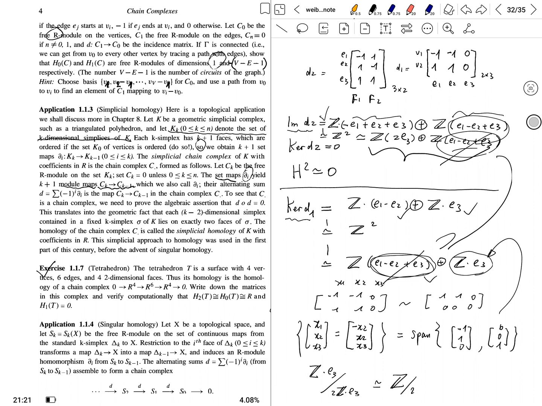This is an example of simplicial homology which has torsion.